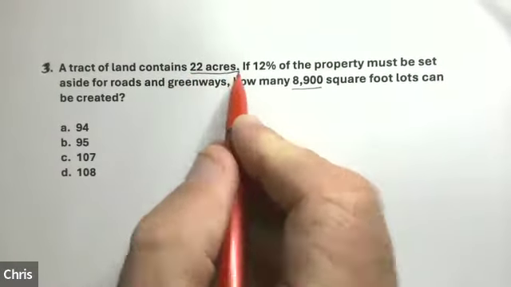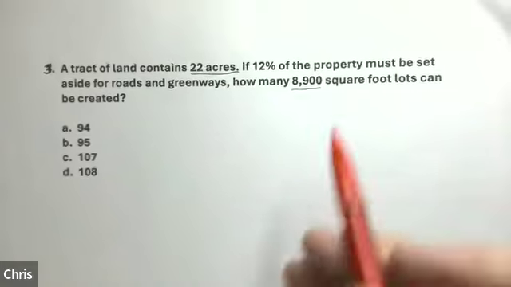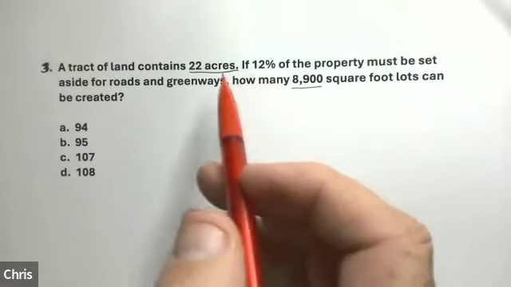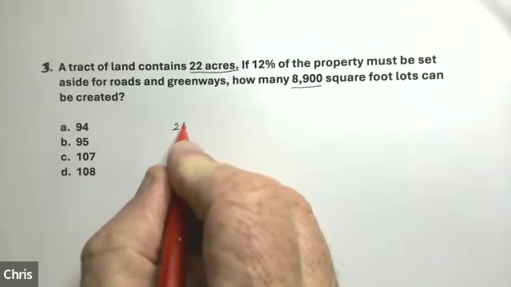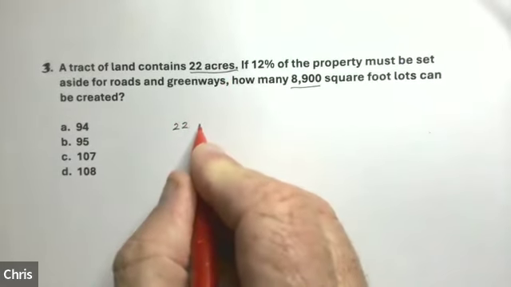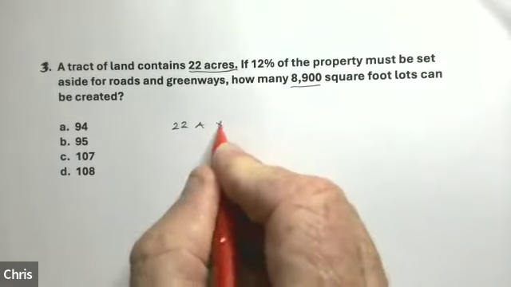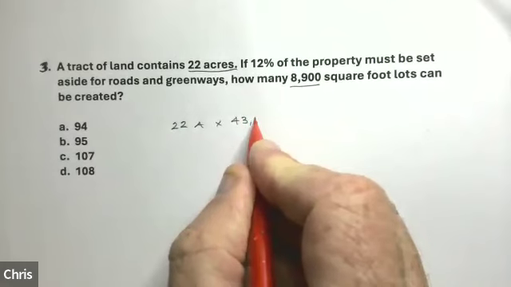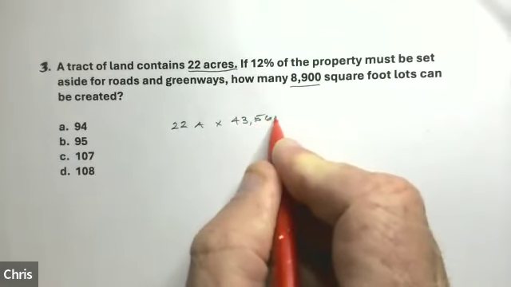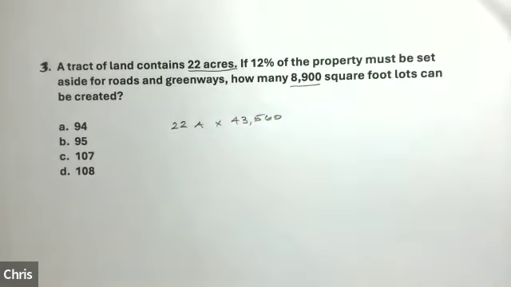Well, notice that these two numbers can't really talk to each other because one is in square feet and the other is in acres. So my strategy on this is to go ahead and convert everything to square footage just to make sure that we have compatible relationships. So 22 acres times 43,560, remembering, of course, 43,560 square feet in an acre.